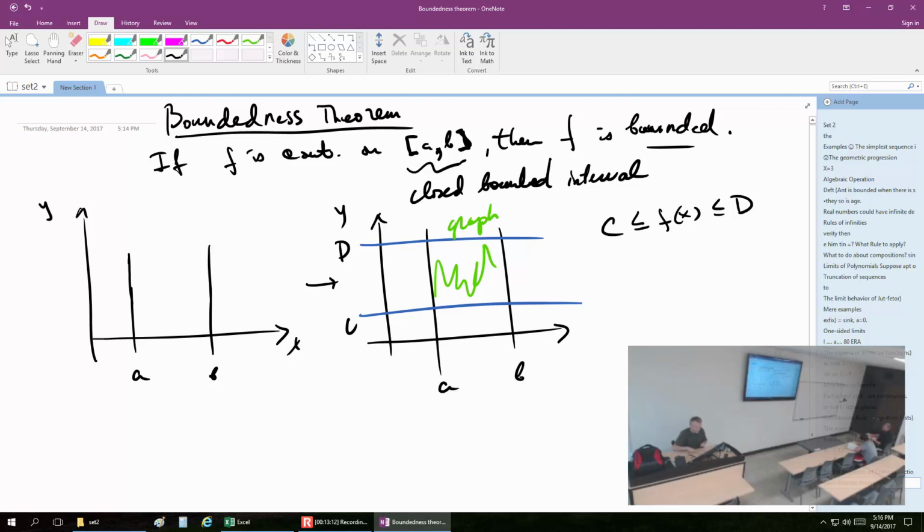And there is one more related theorem. Yeah, the extreme value theorem.